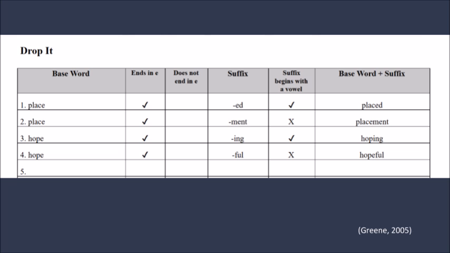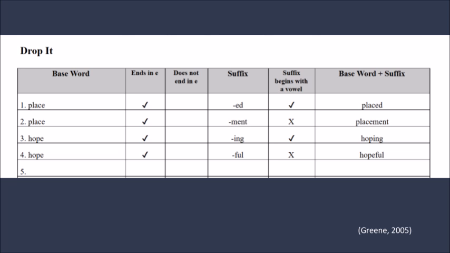Since both of those apply to this word, we drop the E before adding our suffix. Since the word placed still has an E in it, this can confuse students. But if we had not dropped the initial E, there would be two E's, one from the base word and one from the suffix.